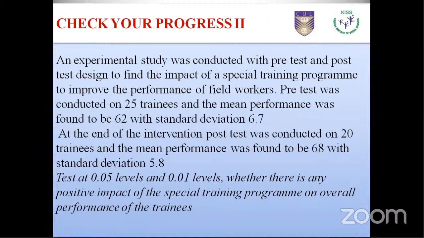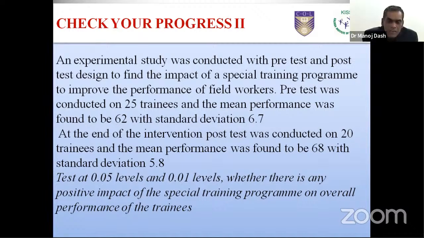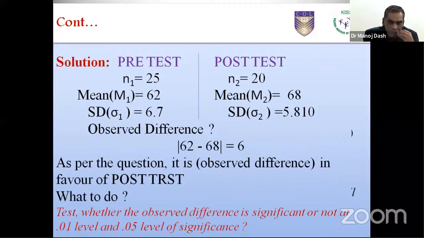Let us look into that. What is given in the question? Very good. There is a pre-test and a post-test. Before the intervention, the test was conducted on a sample size of 25, mean was 62, standard deviation was 6.7.